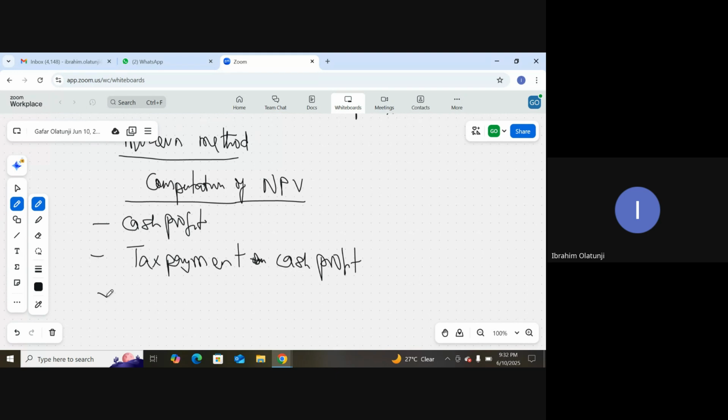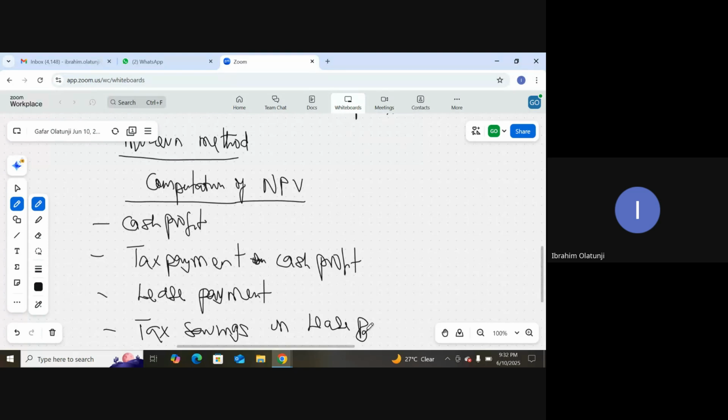And also you need the lease payment. You also need lease payment, and you also need tax savings on lease payment.